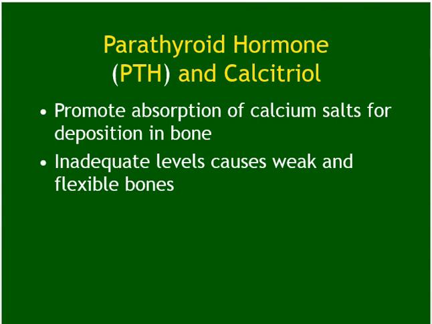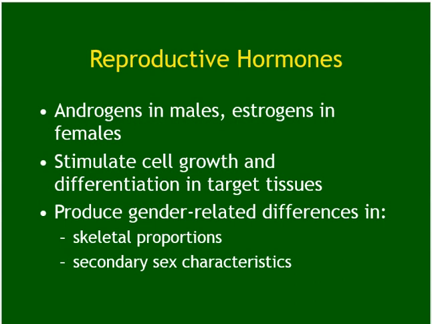Reproductive hormones, androgen in males and estrogen in females, this is an umbrella. Generally speaking, they stimulate the cell growth and differentiation, and they make the secondary sexual characters. So gender related, meaning in females they will have the secondary sexual characters. The primary sexual characters are the gonads, basically, the testes in males and the ovaries in females.